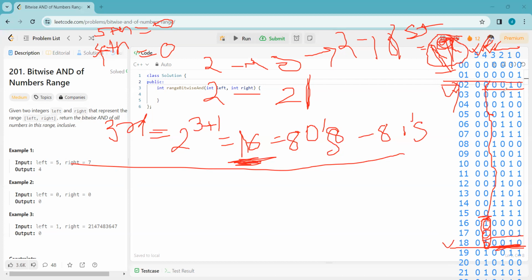That means at least one time we will repeat this sequence of 8 zeros, 8 ones. So since 19 is greater than 16, our bit value for that position will always be 0. That means for the third bit also, the value is 0.